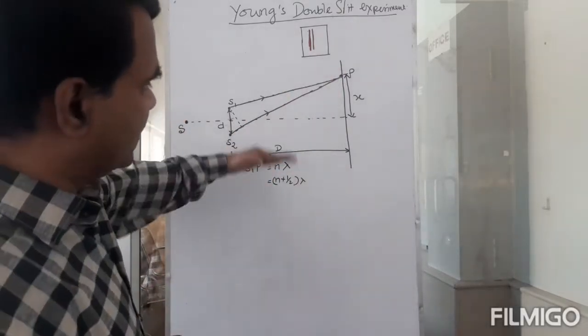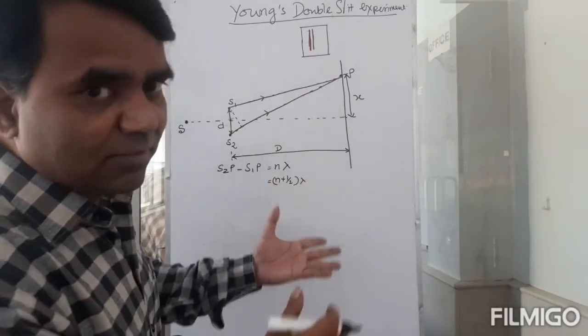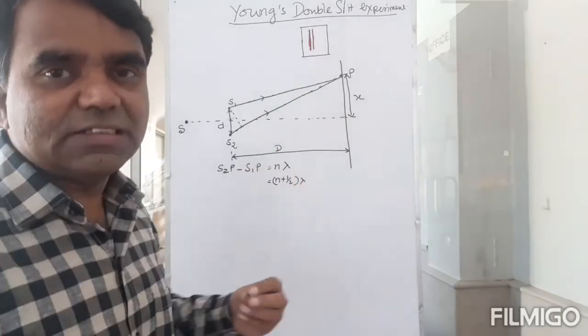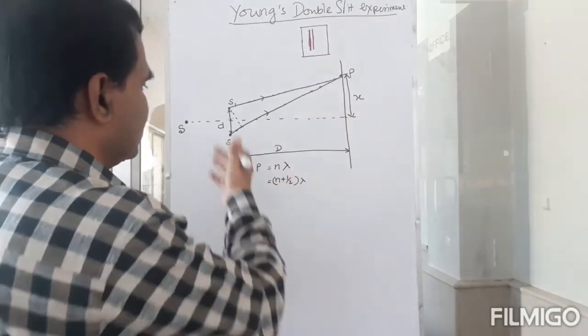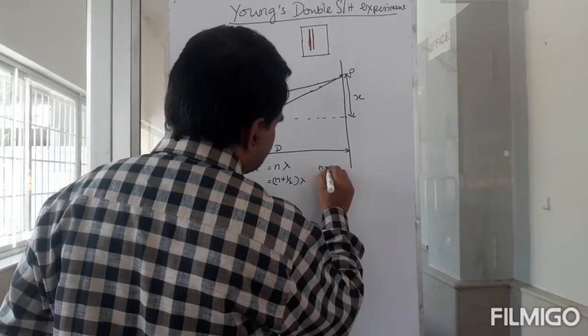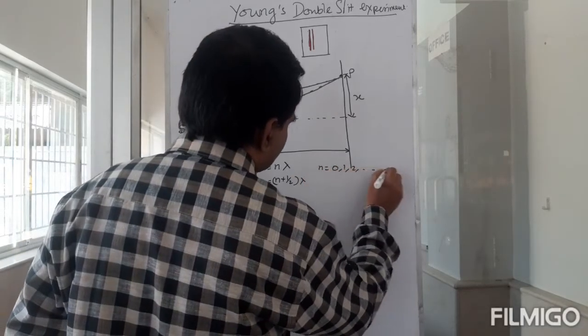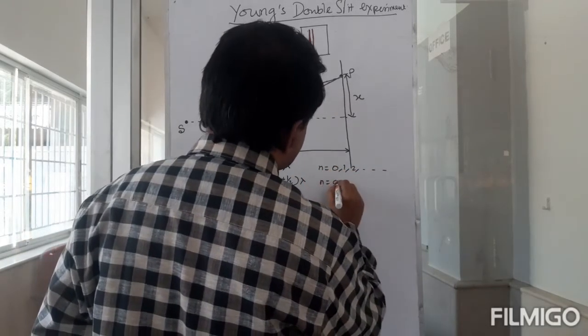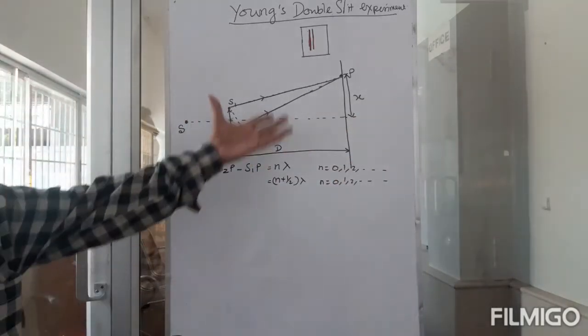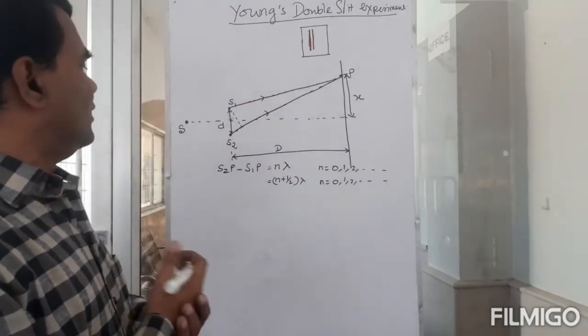If it is anything between n lambda and n plus half lambda, then I'll get a point of varying intensity. So n can be 0, 1, 2, any value of n, so you get that.